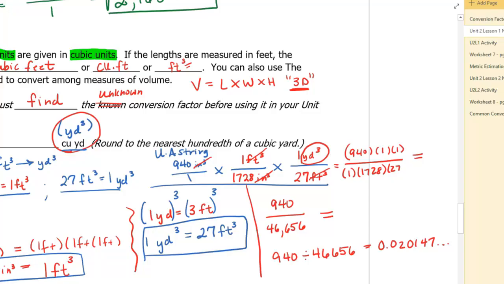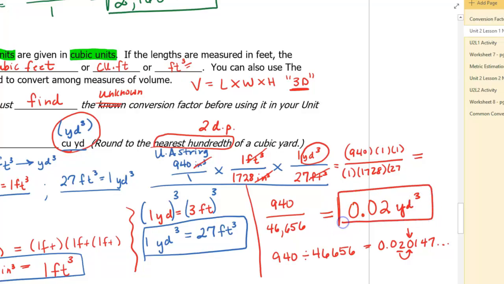They want us to round to the nearest hundredth, so that's going to be 2 decimal places. That's the 2, so I look next door. That number is not 5 or bigger, so it stays 2. So this would be 0.02, and that's going to be yards cubed.